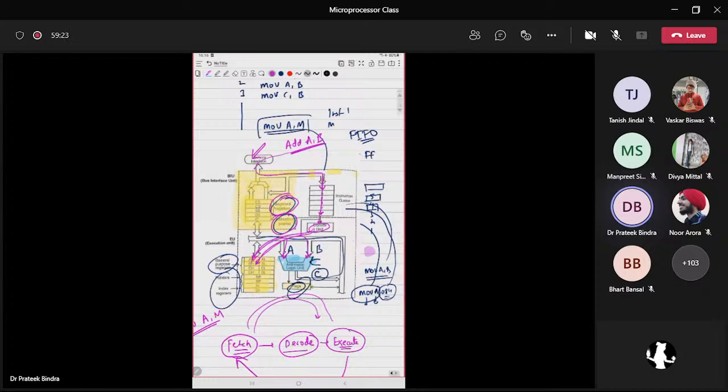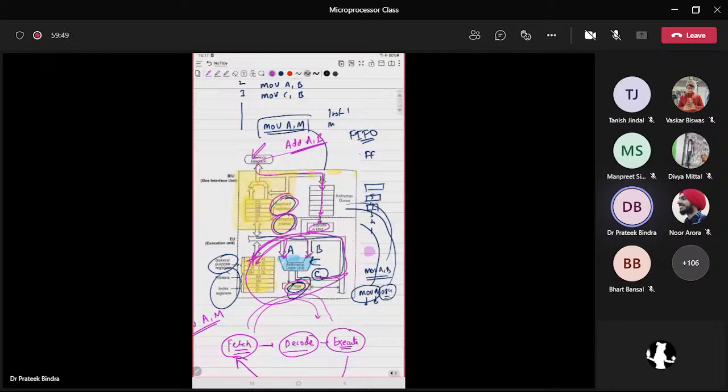Because you have written that you want to add A and B, the data will be stored in the accumulator. So whatever result you get, that is C, that C will be copied to my A register. So this C will go back to my A register and it will be saved there. And also my flag register will change accordingly.